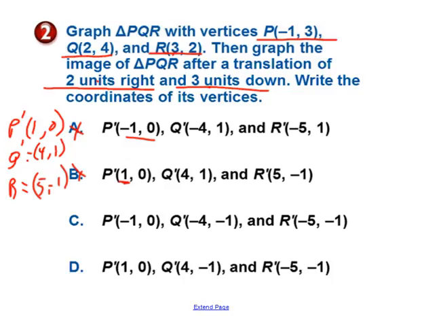I'm sorry, it should be +1, 0, according to this. It should be 4, 1. So it checks out on the Q, and it should be 5, -1. So I'm thinking B is going to be my answer. Can't be that one, can't be this one. So it does have to be B, and we could look at the drawing.